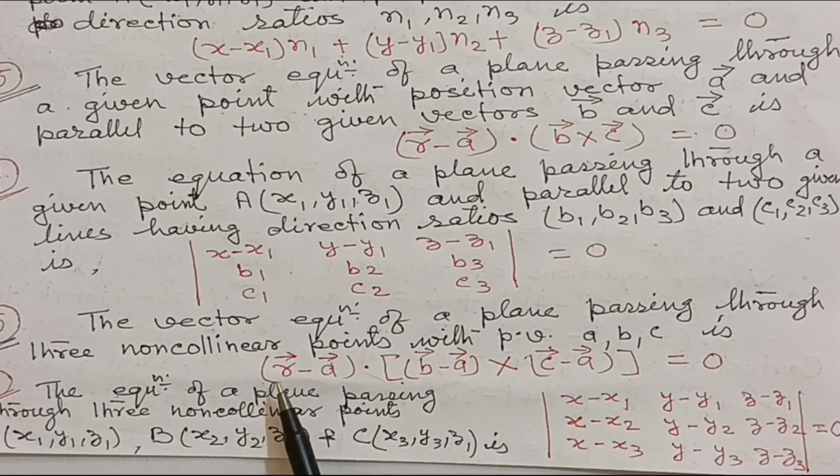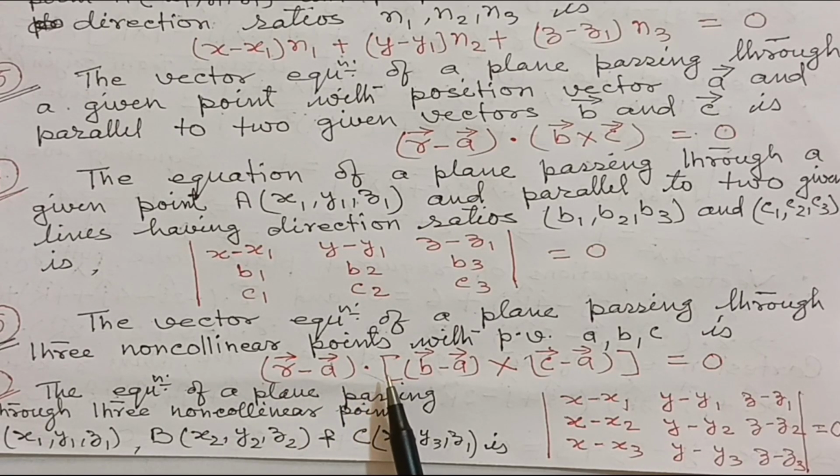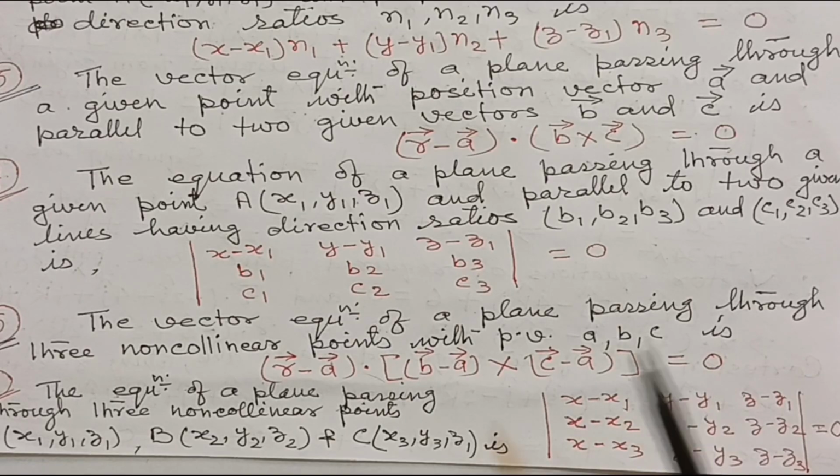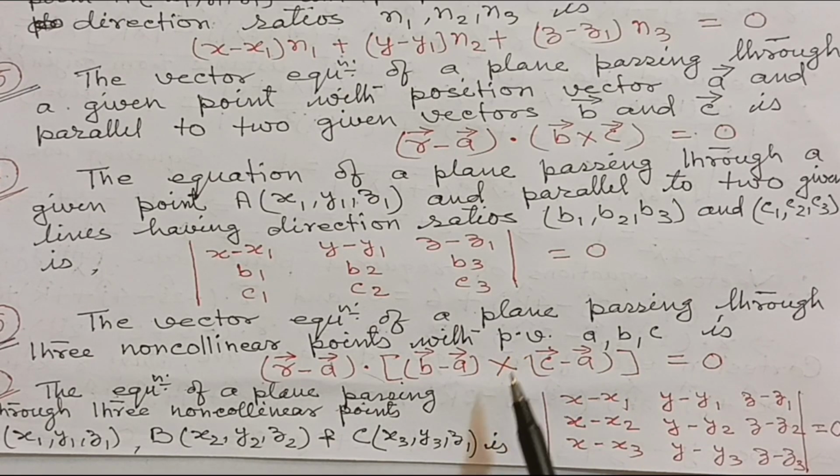That is (vector R minus vector A) dot (vector B minus vector A) cross (vector C minus vector A), which is equal to 0. It is very important.